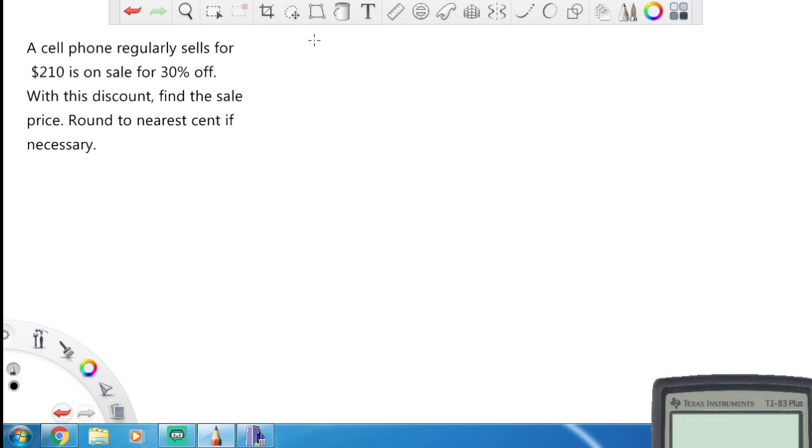So our price, again, is the 210. Your discount rate is 30% off. And again, you don't really want to use it as a percentage, so make that a decimal.